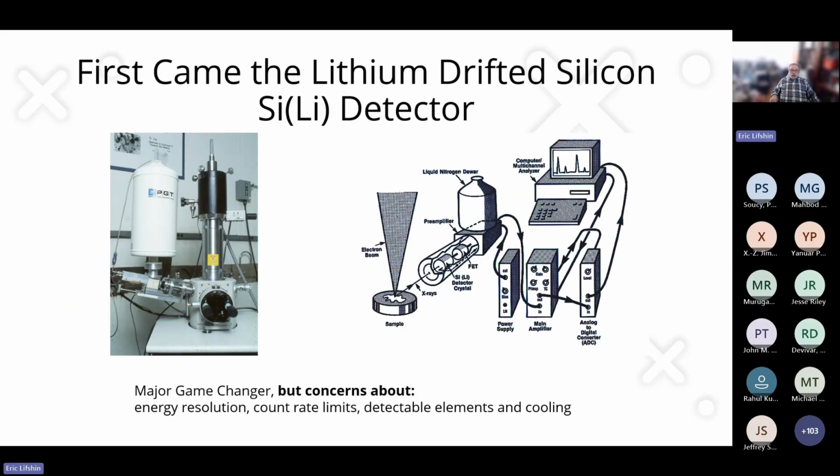So here's the early design. These were called lithium drifted silicon detectors. They required liquid nitrogen to cool things down because there was a lot of thermal noise that would obscure any signal. Here we have our electron beam striking the sample, producing an X-ray.